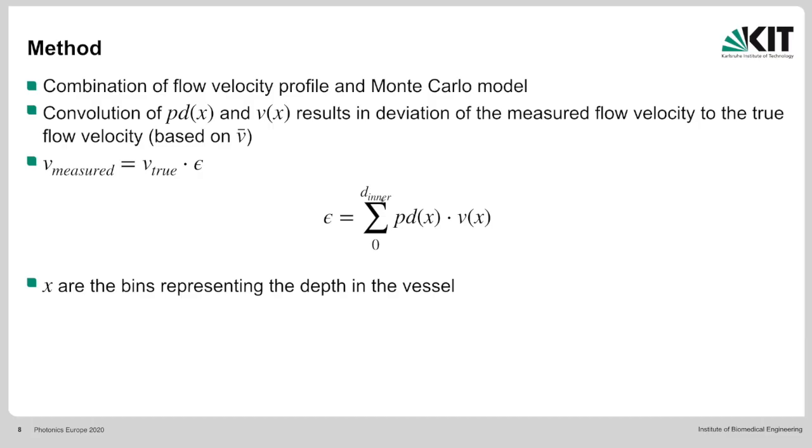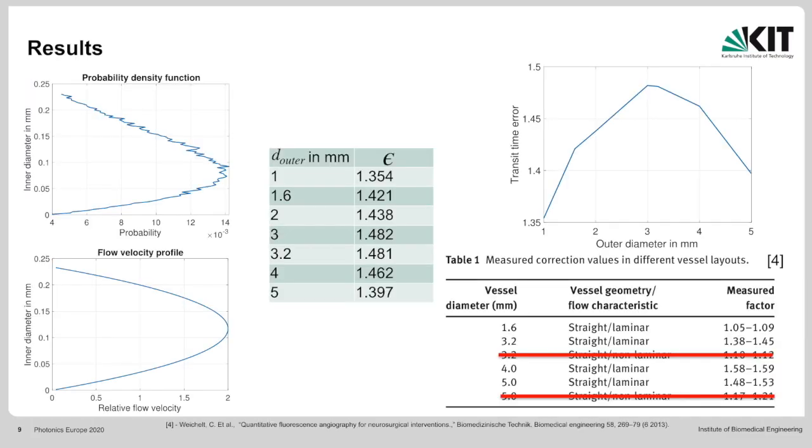So what does it look like after simulating it? On the left hand side you can see first of all the probability density function with the probability on the x-axis and the inner diameter on the y-axis, and below it the flow profile, so the relative flow velocity and the inner diameter in millimeters.